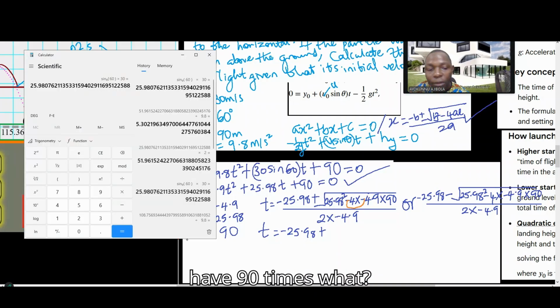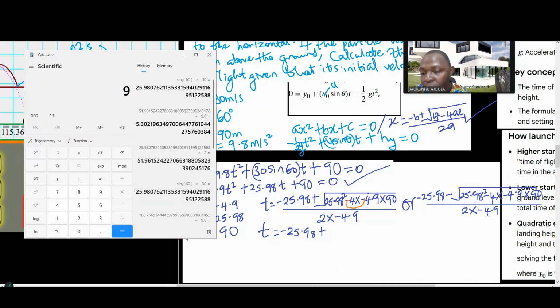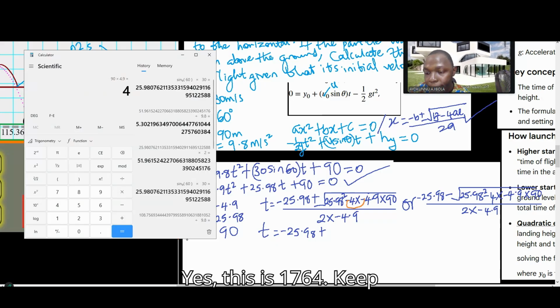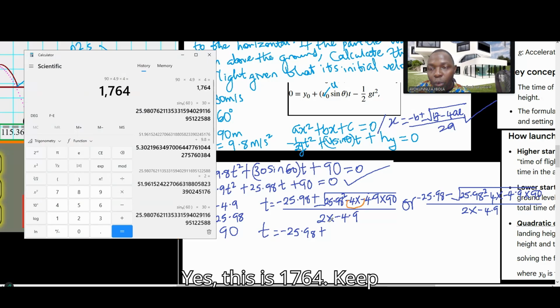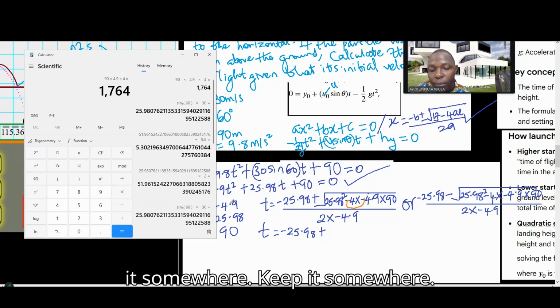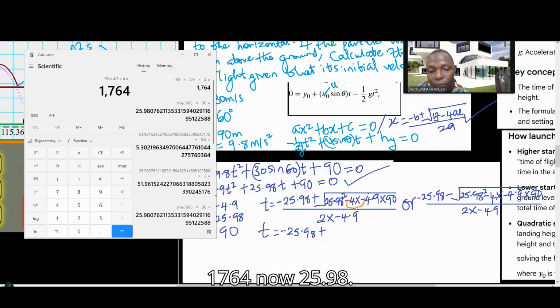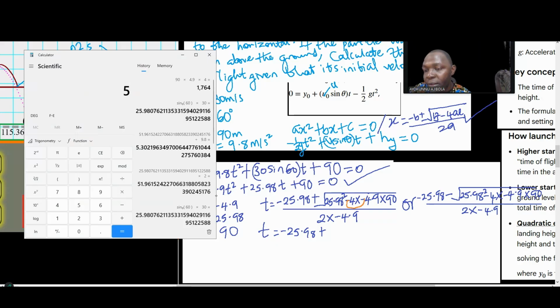Okay. So I have 90 times what? 4.9 times 4, right? Yes, sir. This is 1764. Keep it somewhere. 1764. Now 25.98 squared, then plus what? 1764, right?